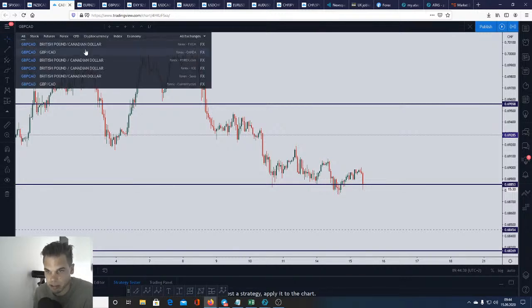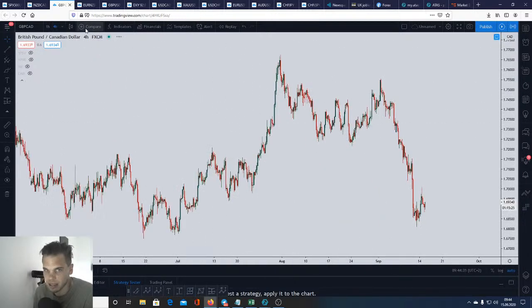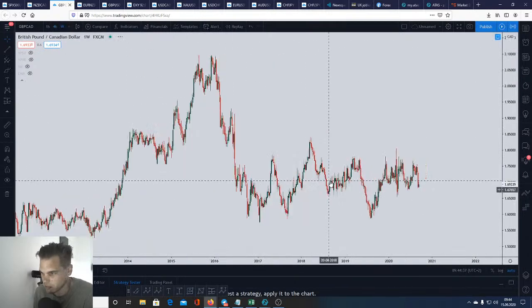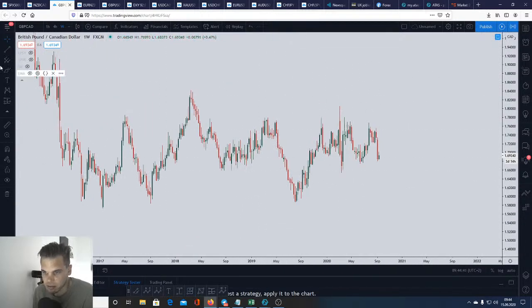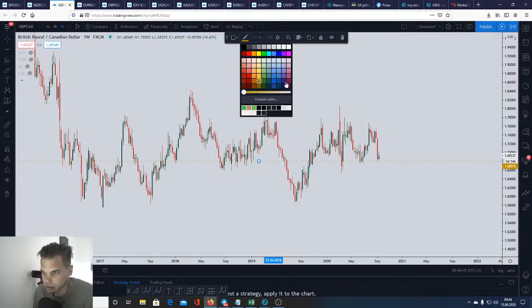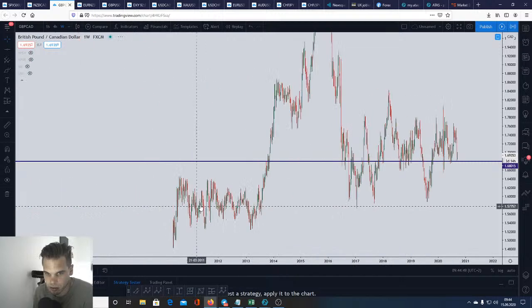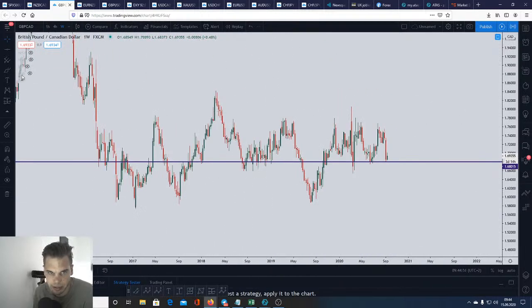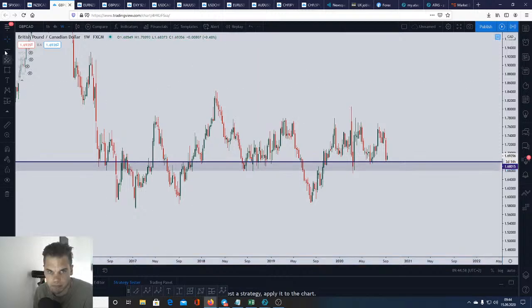GBP CAD. Wow, man, you're trading a pair which is really risky to trade, dude. But I think you just want to catch the bottom here, right? The weekly support area, I guess. But when you look at this, there's a strong key support area here. Look.